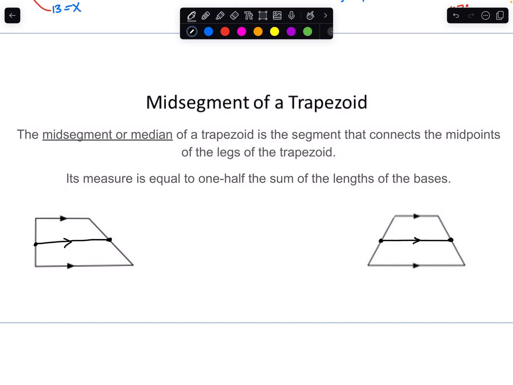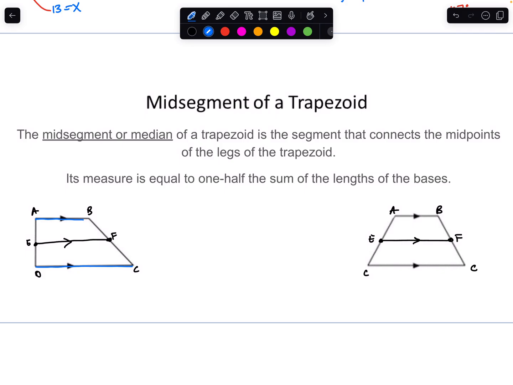So let's say that I label this as A, B, C, D, and then this one in the middle, we'll call it E and F. Similar over here, I have A, B, C, D, and then the new segment, EF. So the way that this is going to work is I'm going to take the length of the parallel lines on the outside, AB and CD.